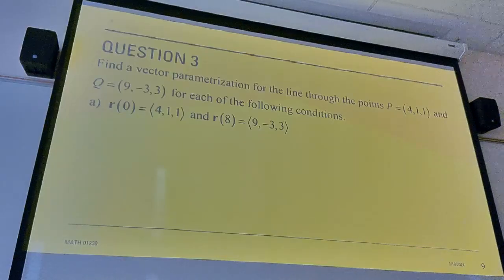So first, the direction vector. And this direction vector is going to be the same for all the parts. How are we going to find the direction vector?